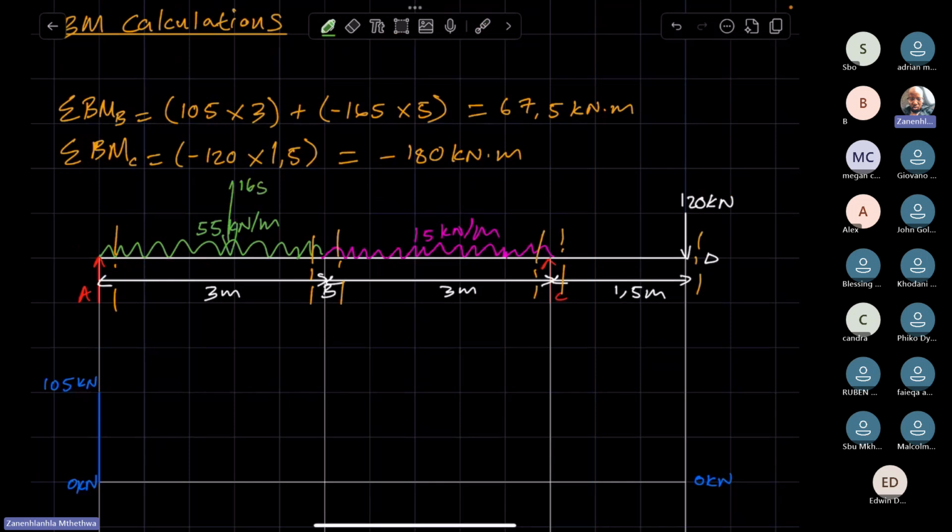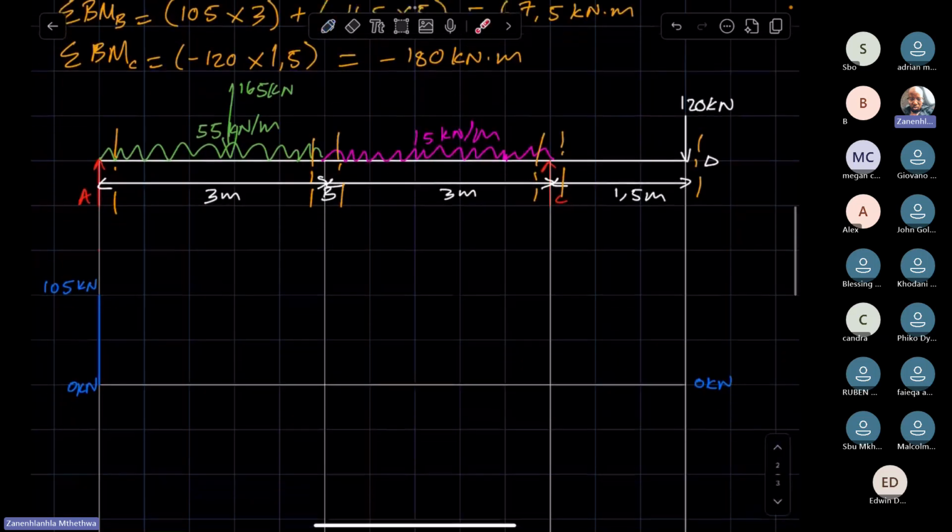So the force you are going to consider is the 165, which is the weight of the UDL, which we get when we consider the entire span of the UDL.